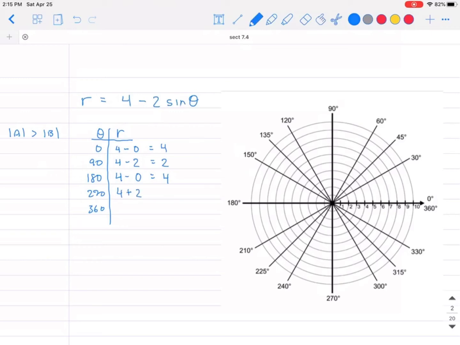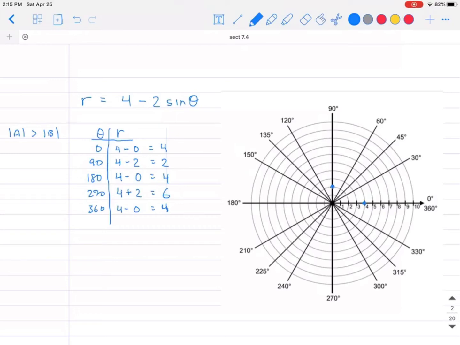We get 4 minus 0, which is equal to 4. And then 270, we have 4, and then plus 2 this time, so we get 6. And the last case, we get 4 minus 0, which is equal to 4. So unlike the first problem, you'll notice that your radii are never equal to 0 or anything that's negative. So that tells me that it will never touch the pole, the origin, basically.